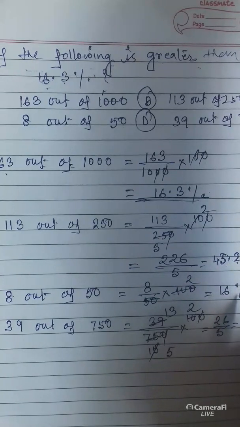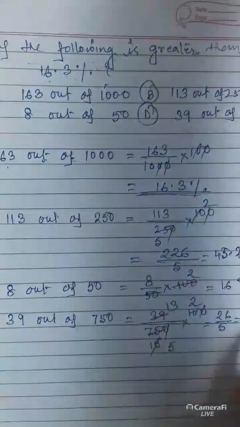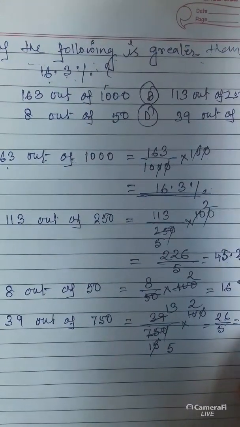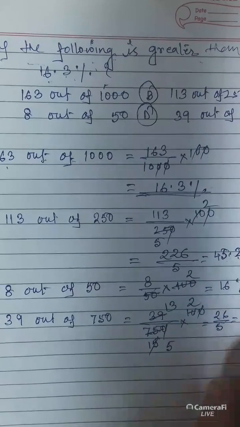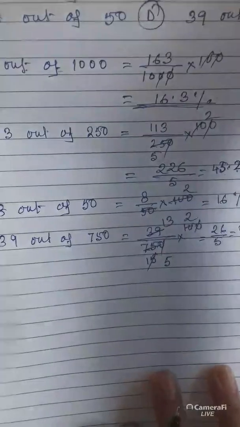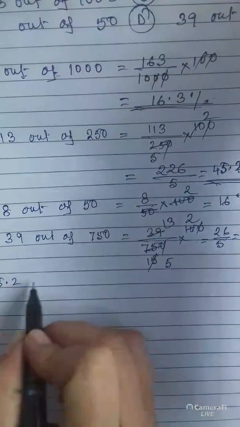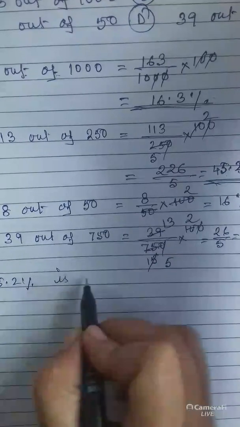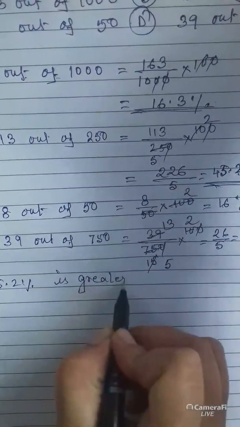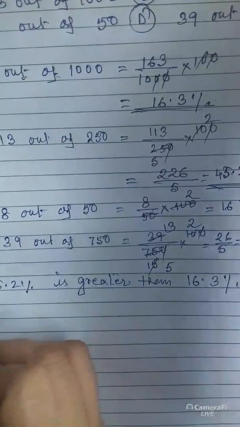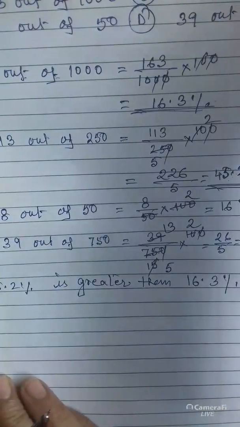Option C we get 16%, which is less than 16.3%. And option D we get 5.2%, which is also less than 16.3%. So 45.2% is greater than 16.3%. Option B is the right answer.